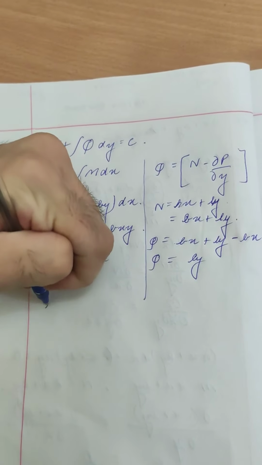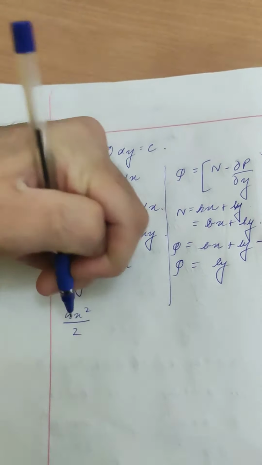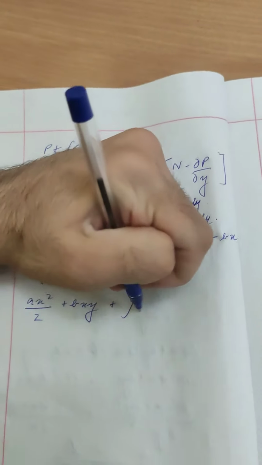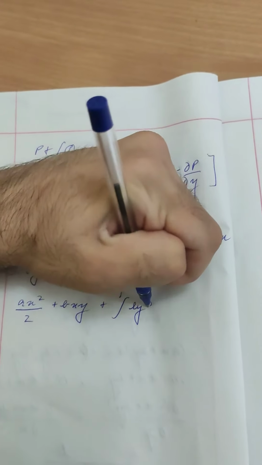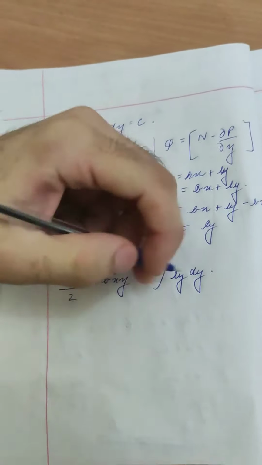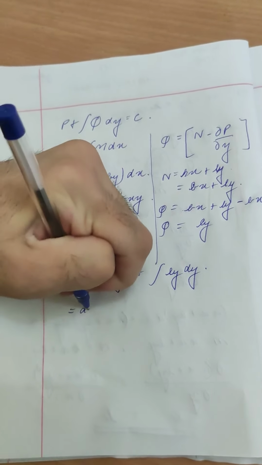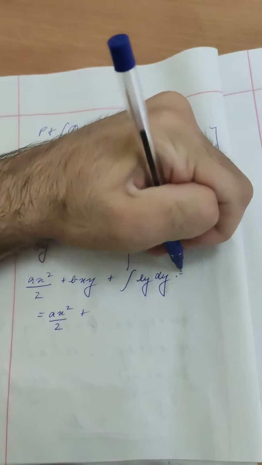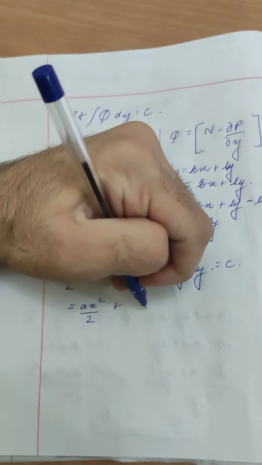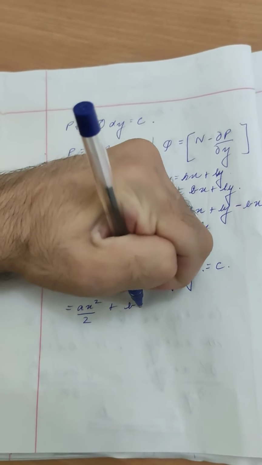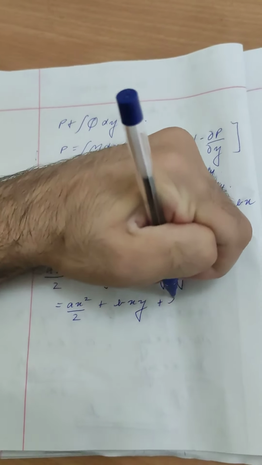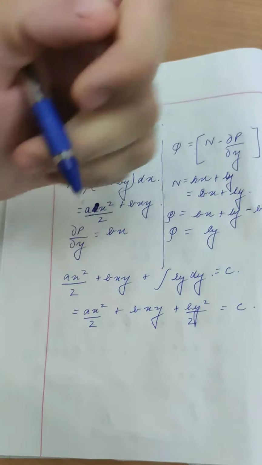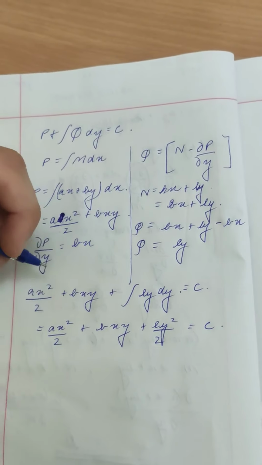So what we get is ax square by 2 plus bxy plus integration of ly with respect to dy, and this is equal to a constant, which gives ax square by 2 plus bxy plus ly square by 2, equal to a constant c, right?